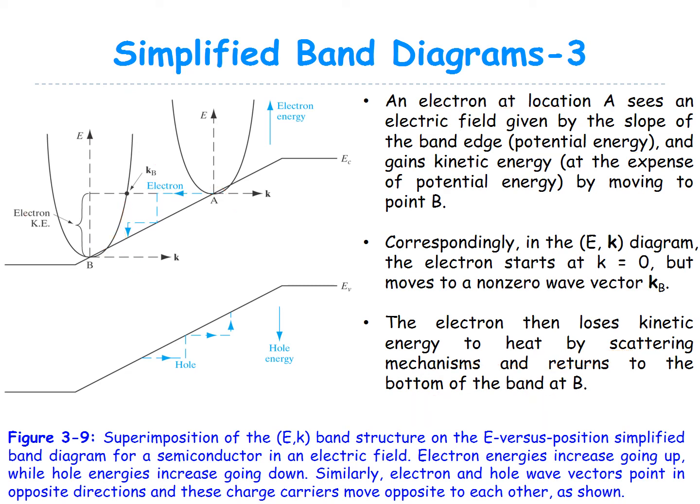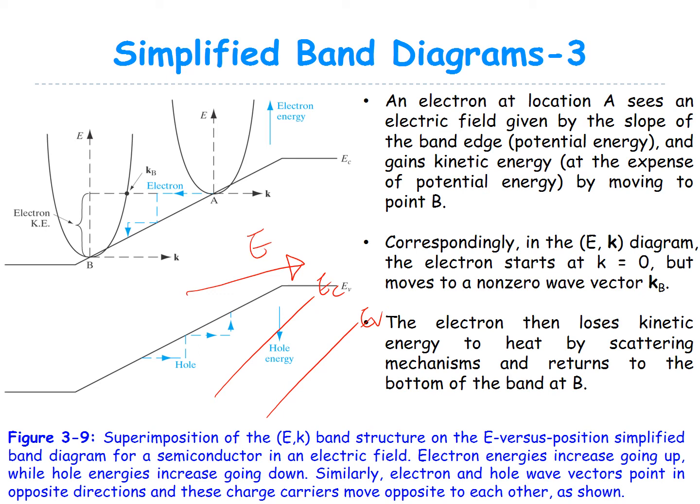So now what's important to take from here is that we are going to represent an electric field by the slope of the band edges. So if you see something like that, you should know straight away that you've got an electric field, a difference in potential, and the slope increases in the direction of the electric field.